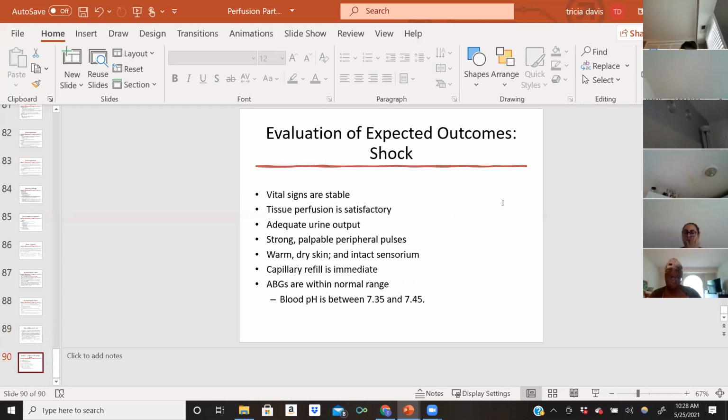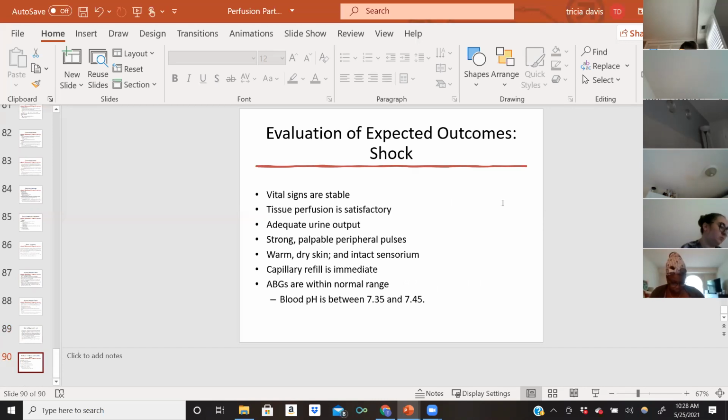And then what is our evaluation of our expected outcomes? Well, we want our patients' vital signs to be stable. Everything should be within normal limits or close to that, or at least trending in the right direction. Tissue perfusion is going to be satisfactory. How are we going to know that our tissue perfusion is satisfactory? We're going to have good urine output, right?